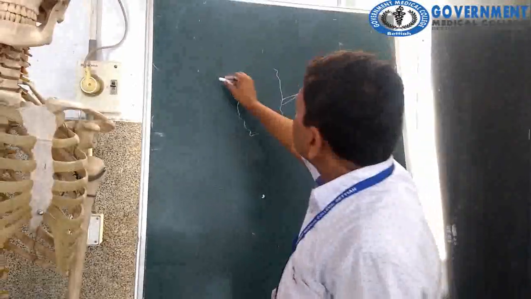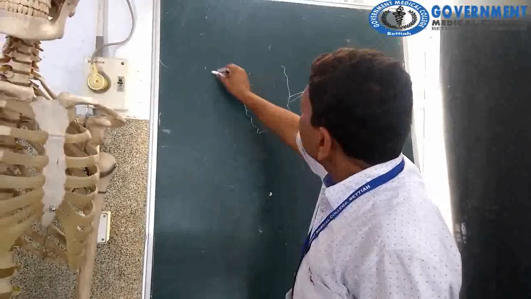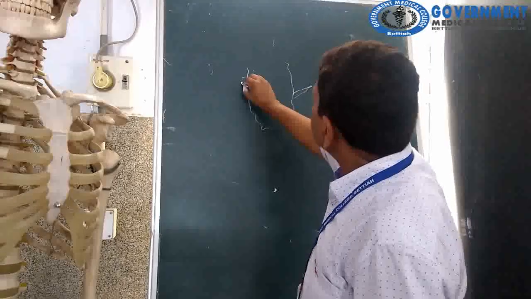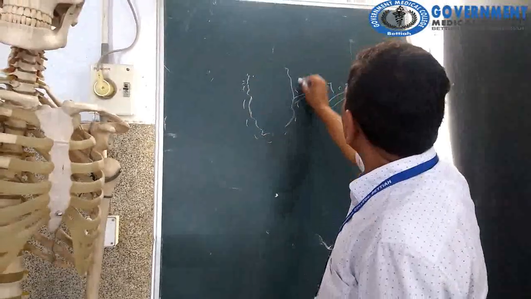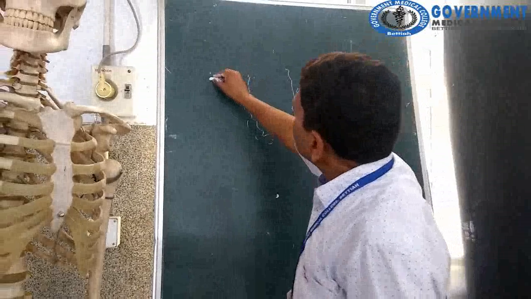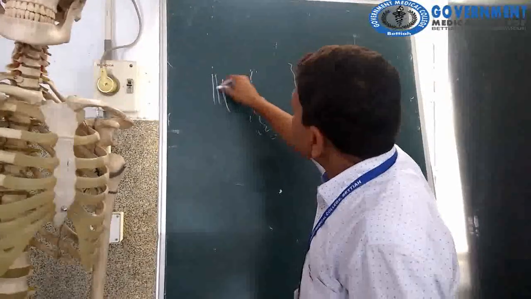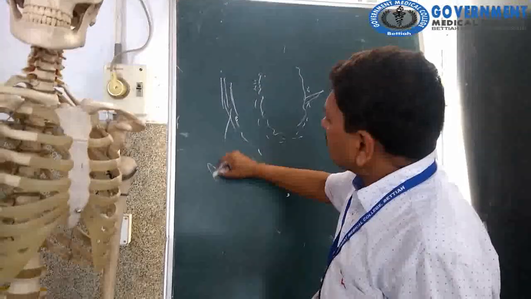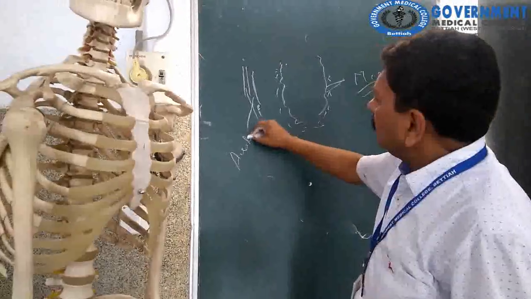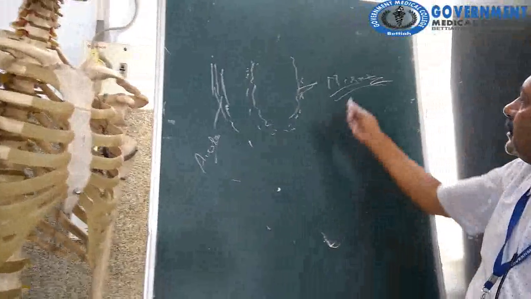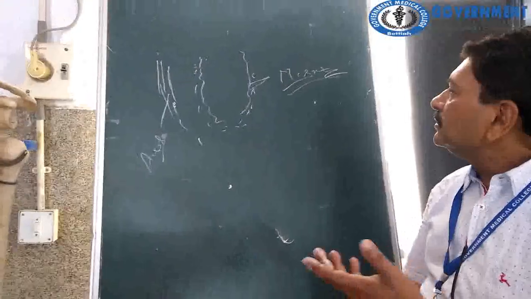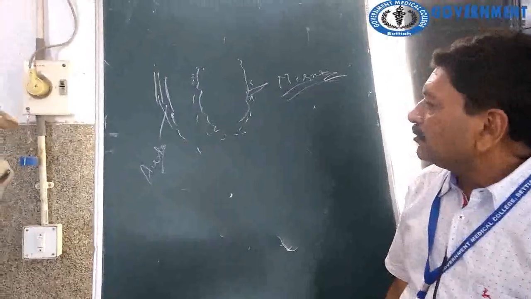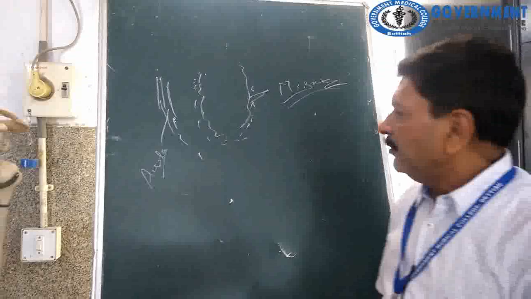In between the muscular layers there is the presence of Auerbach's plexus. Meissner's plexus helps in the secretion of glands, and Auerbach's plexus helps in the peristaltic movement.